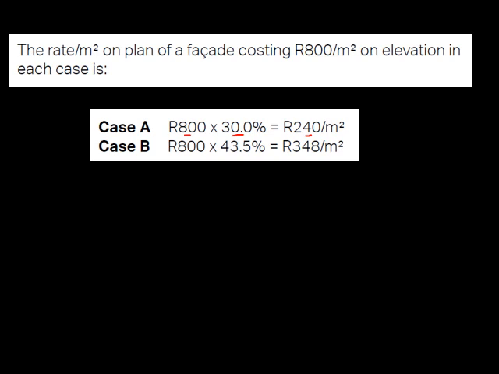This excludes any installation like tiling, because your tiling will be the same. It doesn't really change, the rate and the area won't influence it too much. But then looking at case B, where your ratio is 43.5%, it will work out to 348 rand per square meter.